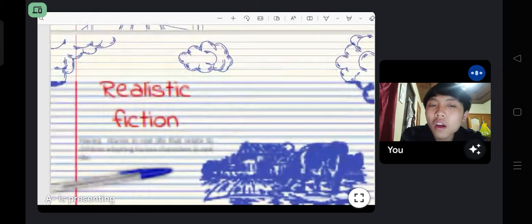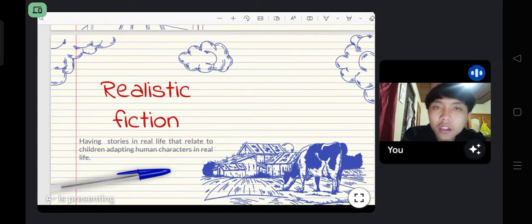The third one is realistic fiction. This literature is viewed as having stories in real life that relate to children, adapting human characters in real life.